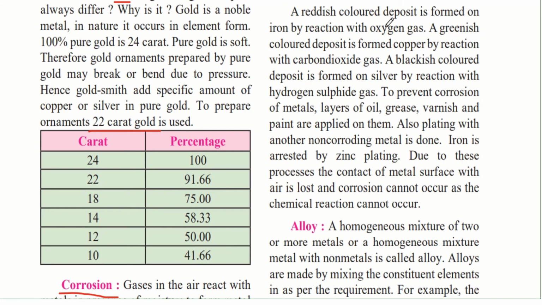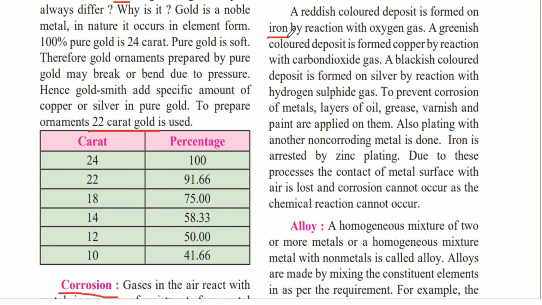A greenish color deposit is formed on copper by reaction with carbon dioxide gas. Iron usually forms a reddish color deposit and copper forms a greenish colored deposit.